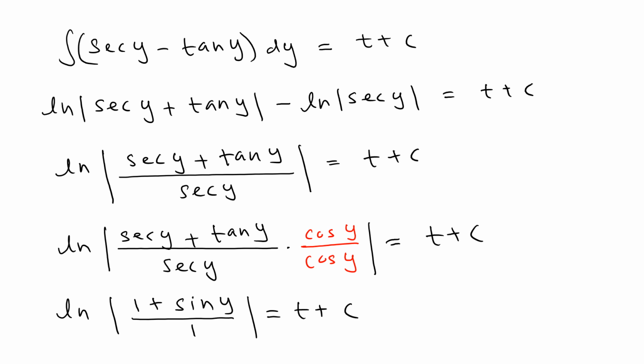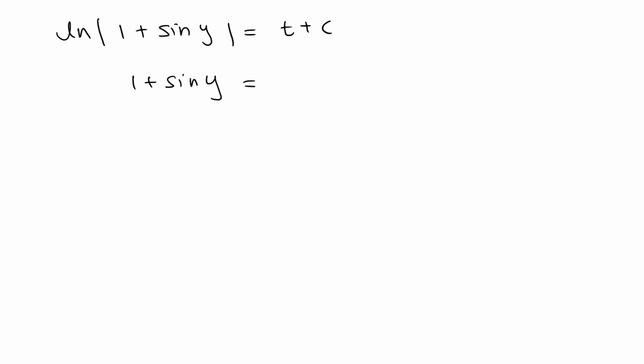Now we're going to use the exponential form to rewrite this. So we can write this as 1 plus sine y equals plus or minus e to the t, e to the c, and then as we discussed before, you can write this as A e to the t, where A is equal to plus or minus e to the c.